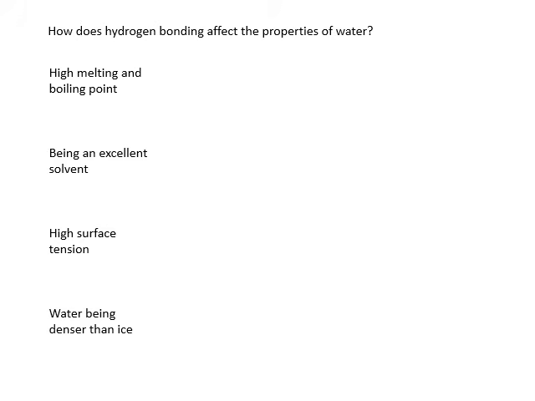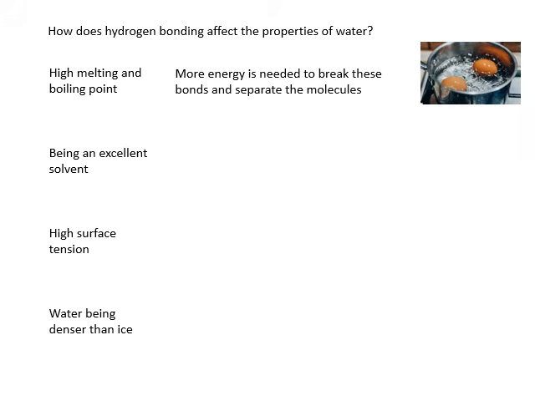Now, water. Hydrogen bonding is very, very important in water, and it has a lot of effect on the properties of water. This is what I'm going to talk about here. Water has a high melting point and boiling point. Why?